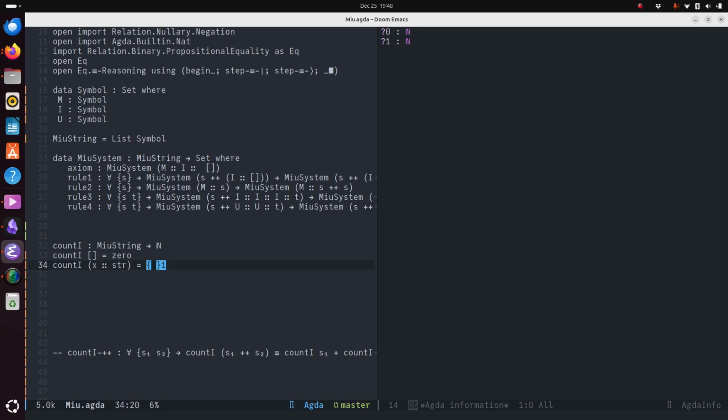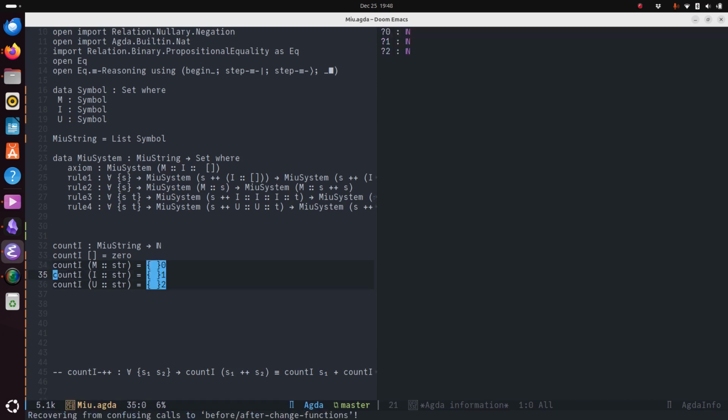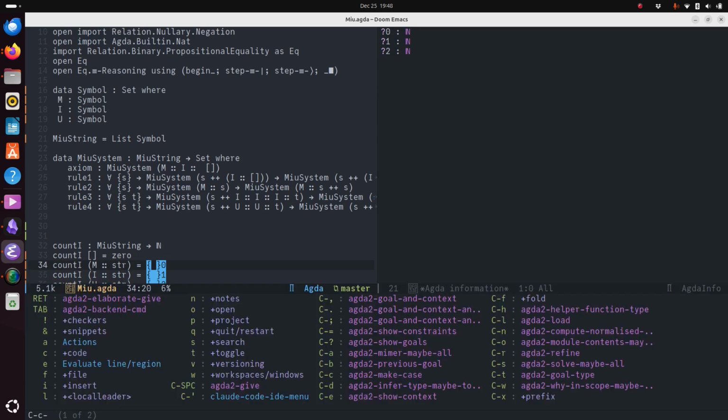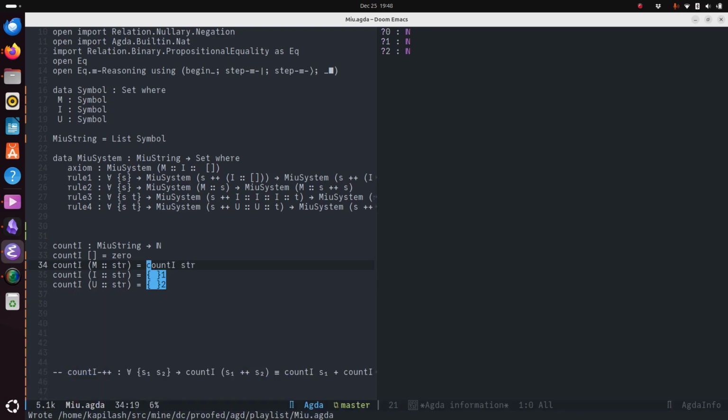Now, again, I will perform pattern matching on the first member of the list. When the first letter is M, the solution is just calling countI recursively on the rest of the string.